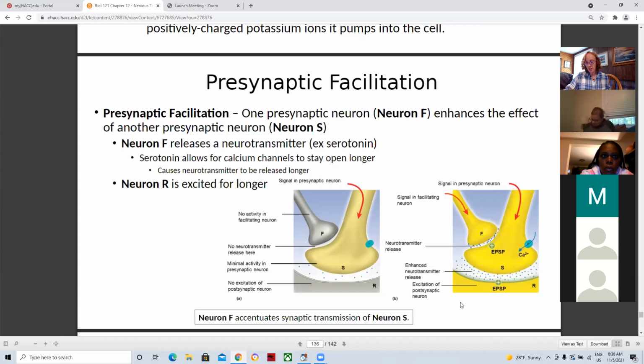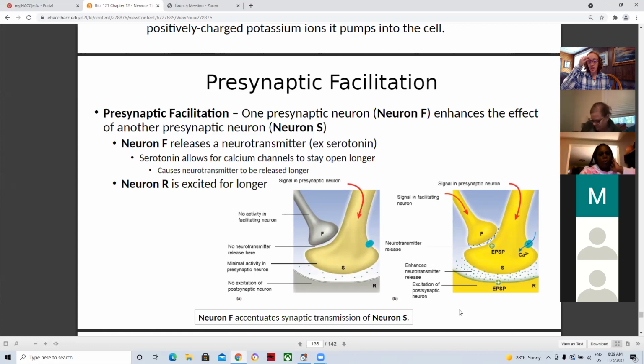It's involved in the exocytosis of the neurotransmitter from the axon terminal. So you have to open calcium channels in order for neurotransmitter to be released from the terminal.